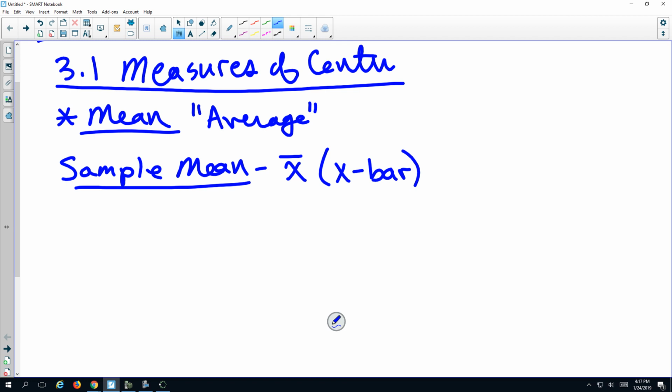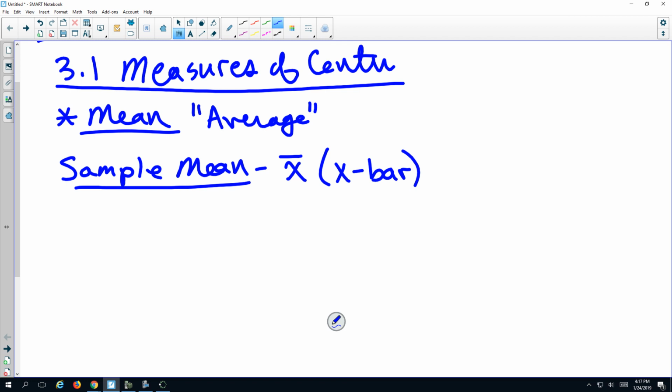How do you calculate average? What do you do when you calculate average? Divided by what? Right. So you're going to add up all the data values in your sample, and you're going to divide by how many values you have in your sample, or what we call the sample size.